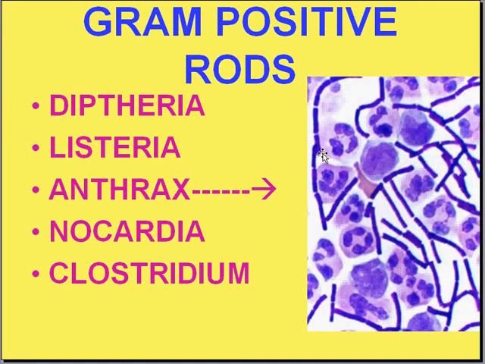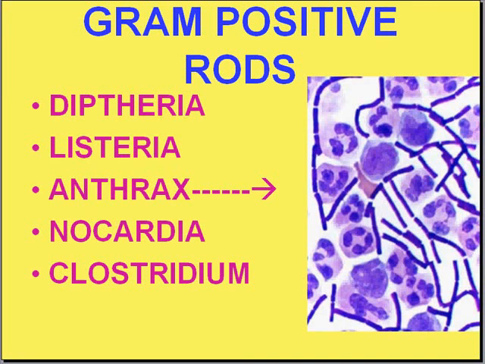Many of the newborn infections that are gotten through the placenta are from listeria. Anthrax, we have heard so much about this in terms of bioterrorism. Classically, Bacillus anthracis is an infection which can be gotten from either oral, inhalation, or cutaneous routes, and it is a feared agent of bioterrorism.